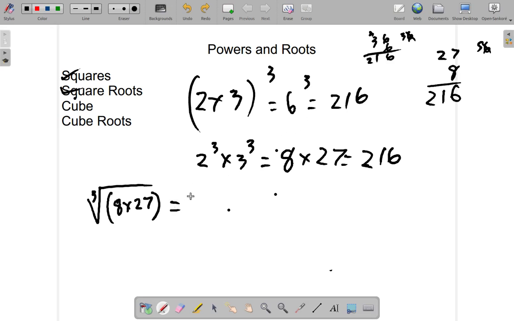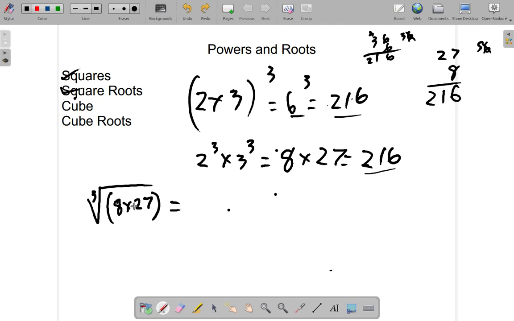You have a cube root sign on most calculators. You have a square root sign on just about all calculators. But here, 8 by 27 is 216, and a number that multiplies itself 3 times to give you it is 6. So this is suggesting that the cube root of 8 by 27, same as cube root of 216, is 6.